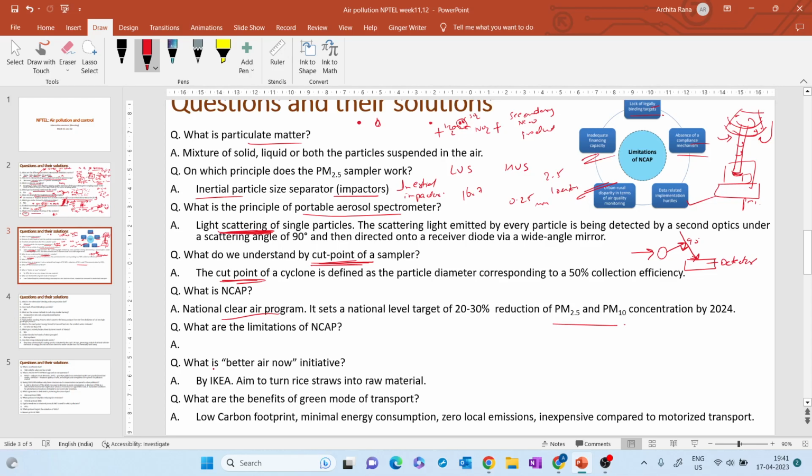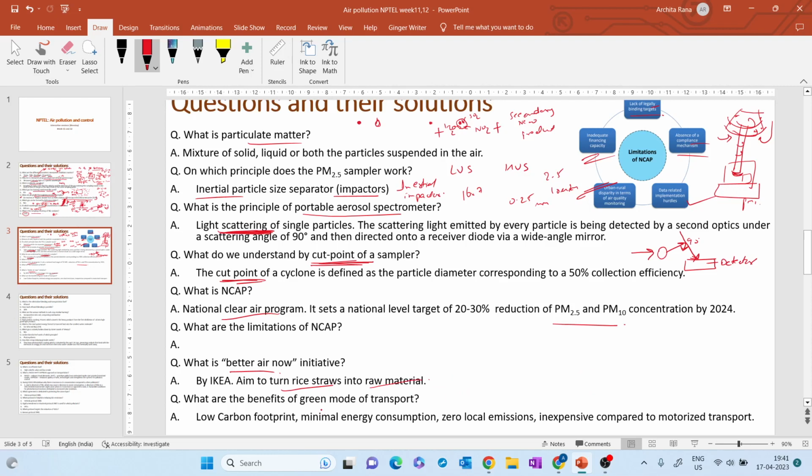One of them is the initiative called Better Air Now. In this initiative, they take rice straw, the waste which comes after harvesting rice, and use it to make raw materials for their furniture, home decor or house products. Okay, so that is one.